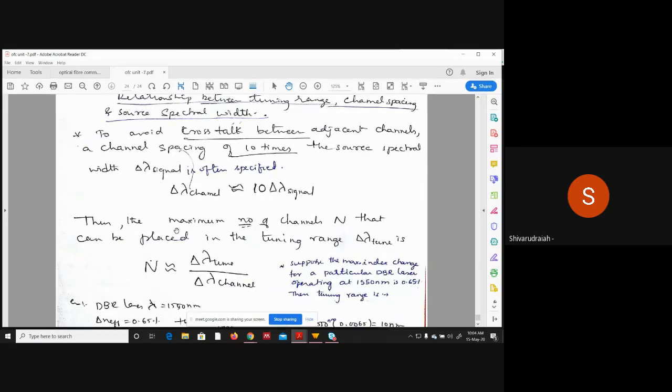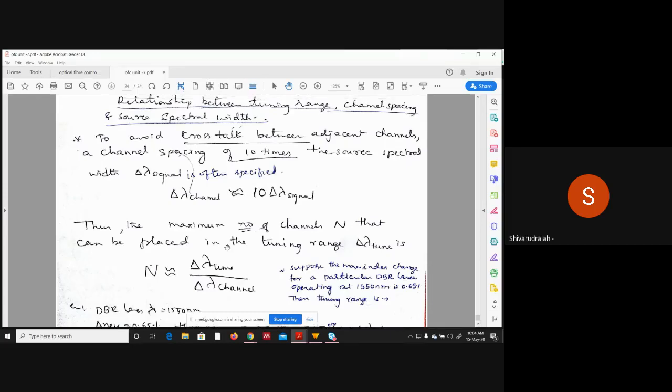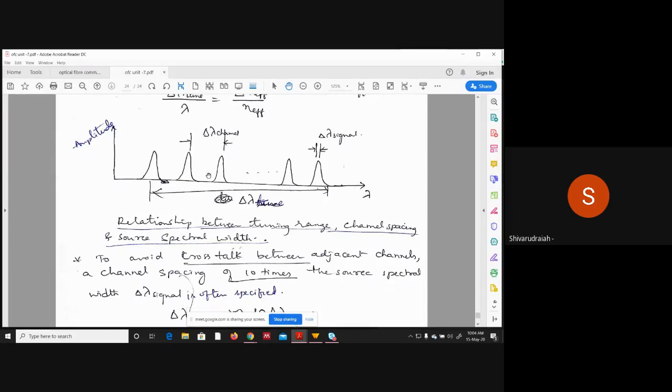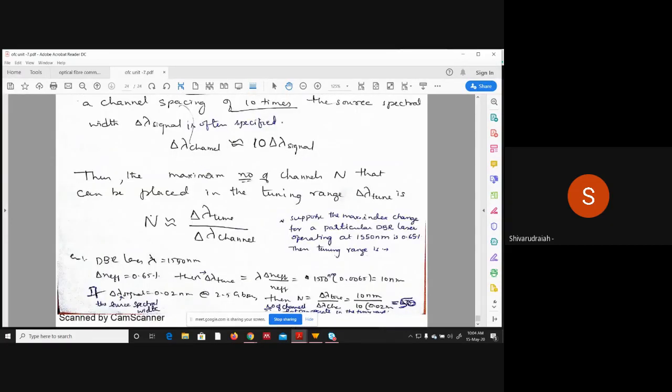Okay, so to proceed with this, what is the maximum number of channels, that is capital N, that can be placed within the tuning range? How many channels with the spectral width of delta lambda signal and the spacing of delta lambda channel, with those constraints, can be placed within the tuning range of 1300 to 1350?